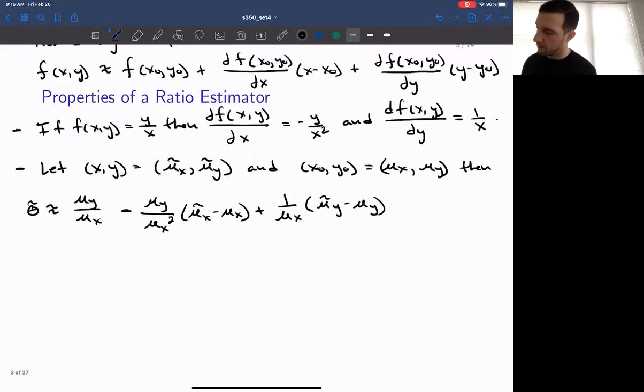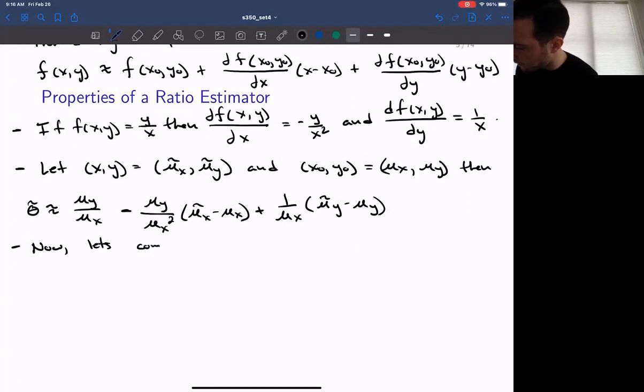Okay, so now let's compute the expected value of theta tilde.